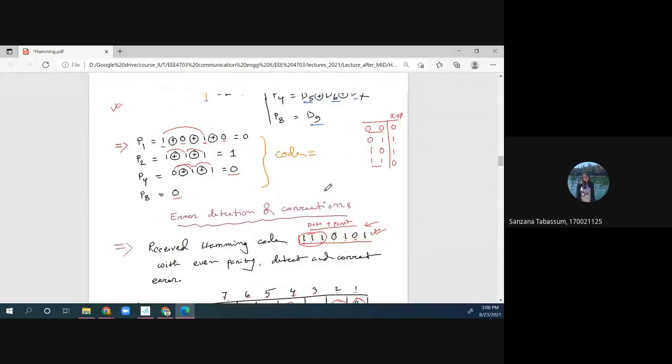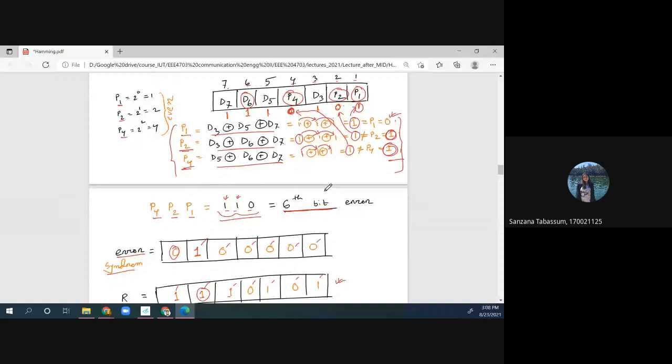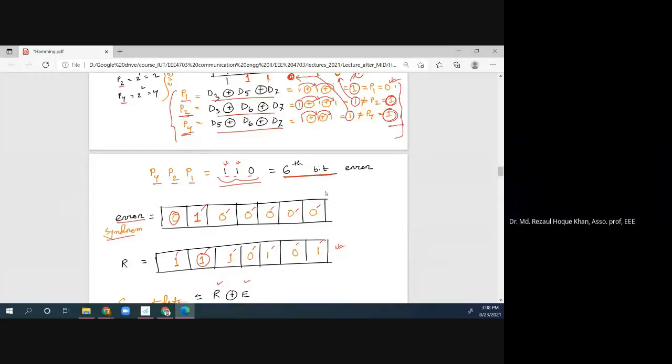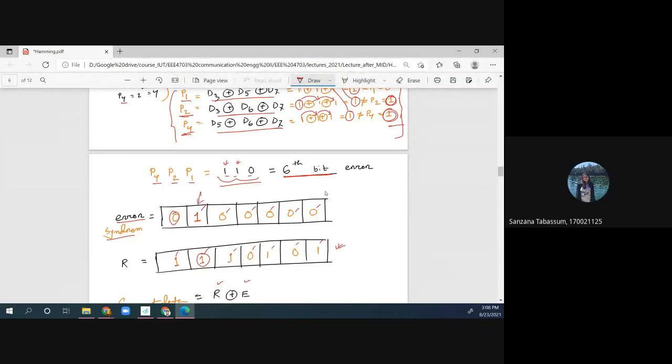The student asks about a question: which row does the syndrome 3210 belong to? Is 3210 a syndrome pattern? I thought it was always expressed in binary. I didn't get the question; can you repeat it, please? The syndrome pattern 3210, which row does it belong to in the syndrome table?